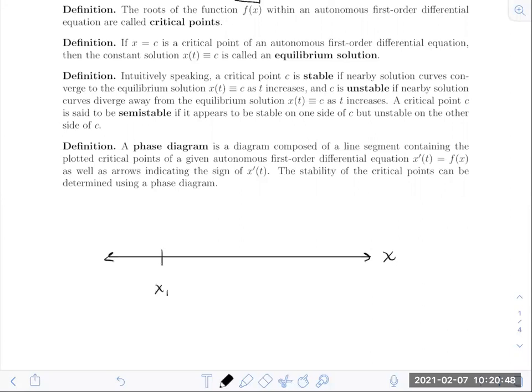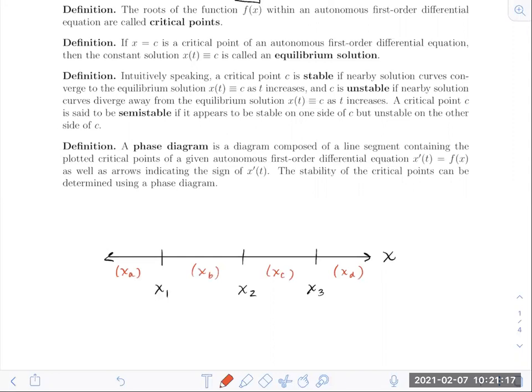Let's suppose that we have 3 critical points, x1, x2, x3. We would like to pick test points in between. I'm going to color those test points and call them x sub a, x sub b, x sub c, and x sub d. All these are real numbers in between each of these intervals on the x-axis.